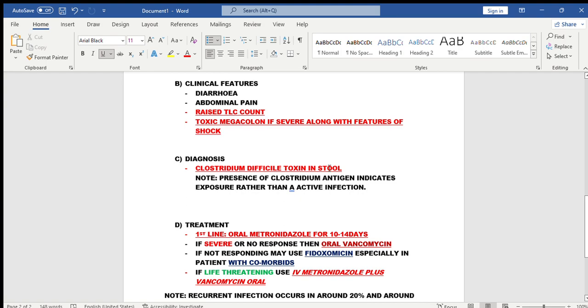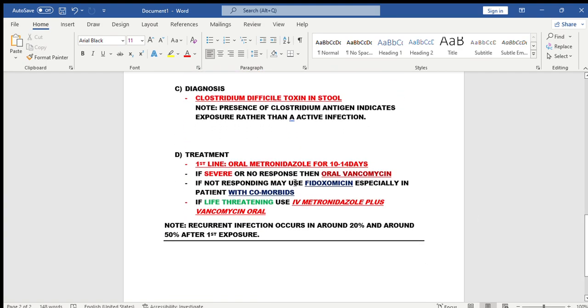If you look at the stools of these patients, you would detect Clostridium difficile toxin. Another important thing to remember is if we find Clostridium antigen, it does not really indicate that the patient has an active infection. Rather, it tells you that he has been exposed to Clostridium. It may or may not indicate an active infection, so remember that.